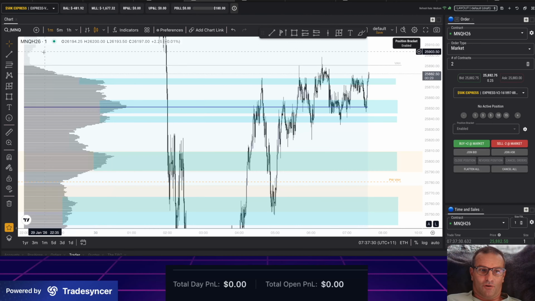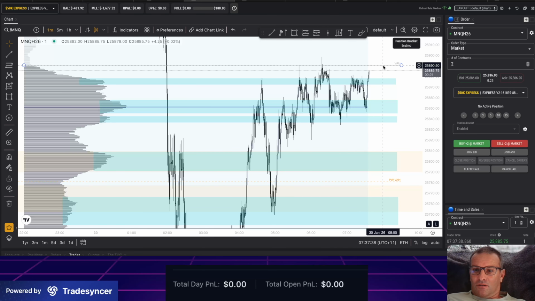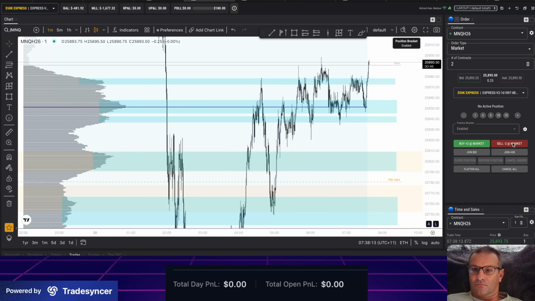We've got a big low volume area here, acting like a bit of a vacuum for price to push into. So let's see what it does when it hits this. We're into a low volume area now.